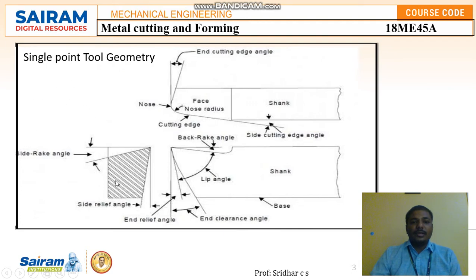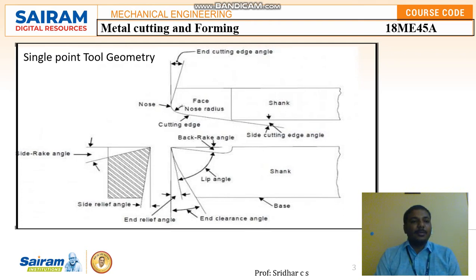These are the different nomenclature used in the single point tool geometry to form one complete tool. This is the single point cutting tool geometry, where all this nomenclature is used in all types of single point cutting tools.